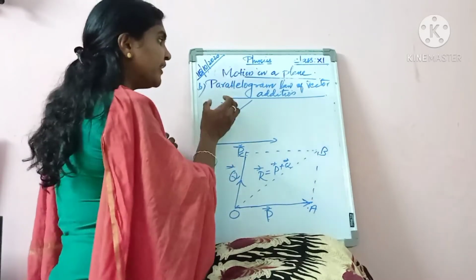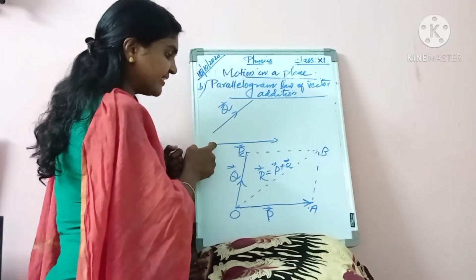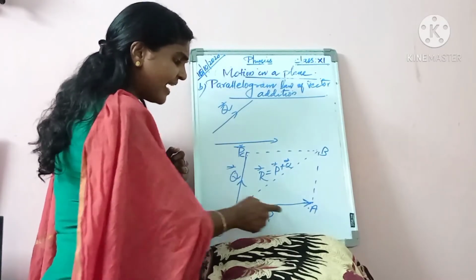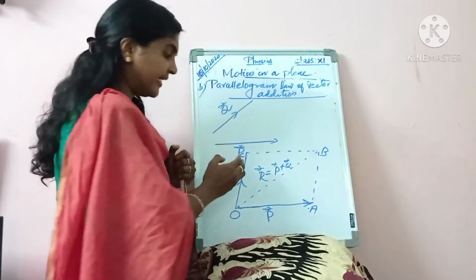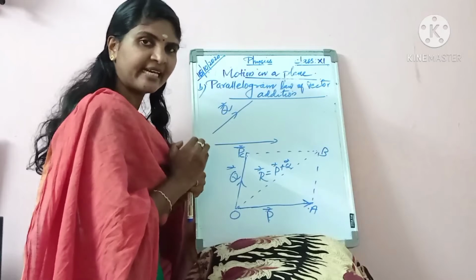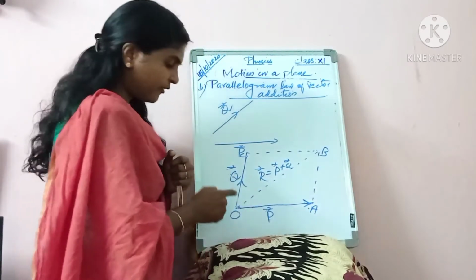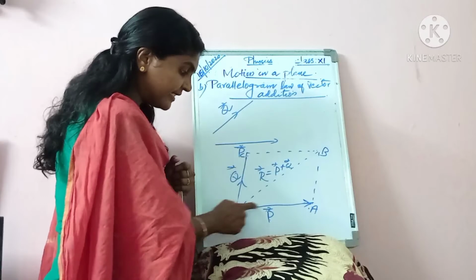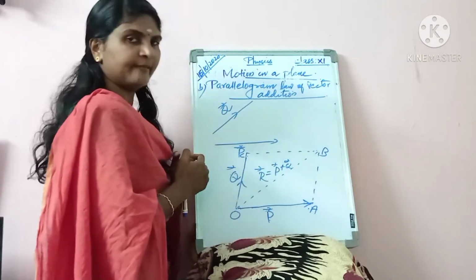According to the parallelogram law of vector addition, the two vectors are represented both in magnitude and direction by the adjacent sides of a parallelogram from a point. That means these two vectors start from a common point.